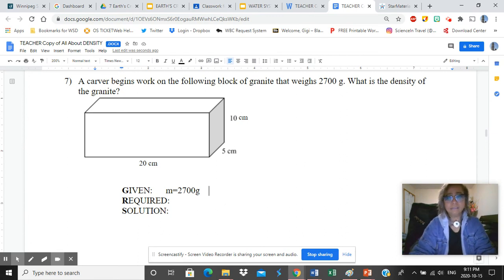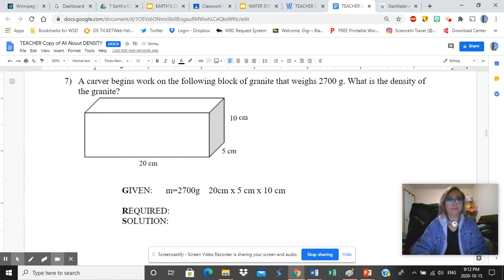So I have here the dimensions. Like I have something like 20 cm by 5 cm by 10 cm. So in math, you might be familiar with the parameters of length times width times height as the volume.